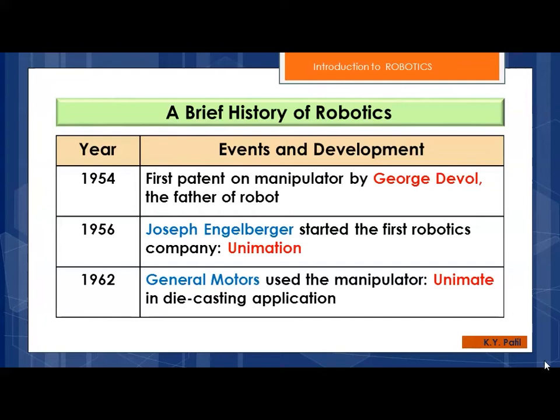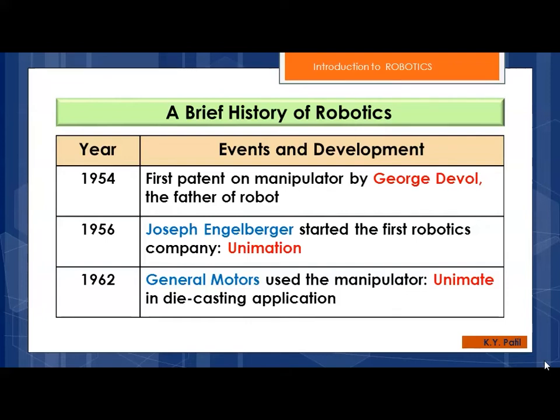In 1954, the first patent on manipulator was filed by George Devol, and he is known as the father of robot. In 1956, Joseph Engelberger started the first robotics company, and the name of that company is Unimation. So, Unimation is the first robotics company which was started in the year 1956.